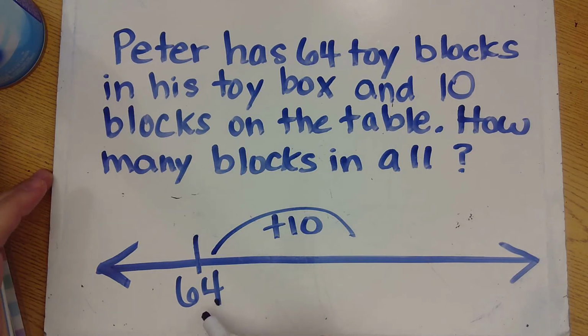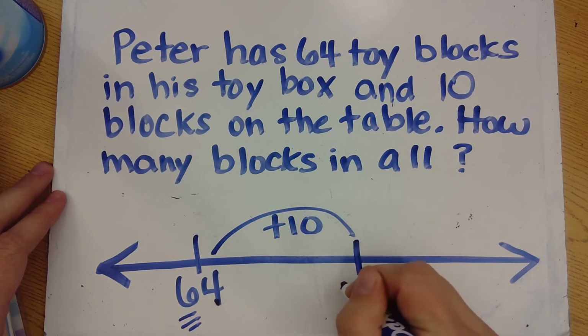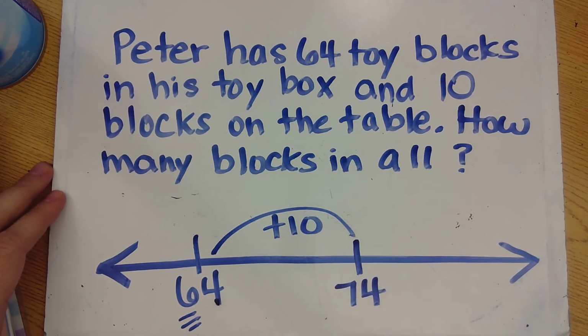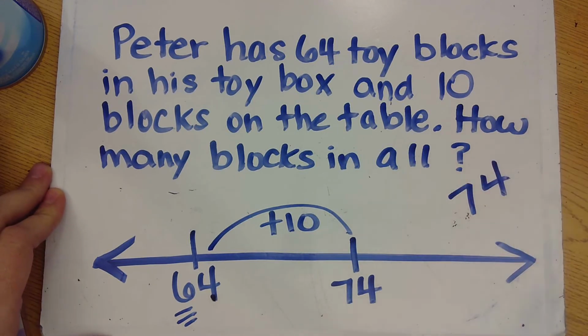So I know that when I add 10 to a number, the number in the tens place is going to change. So when I add 10, I know that that's going to get me to 74, and my answer to this problem is 74.